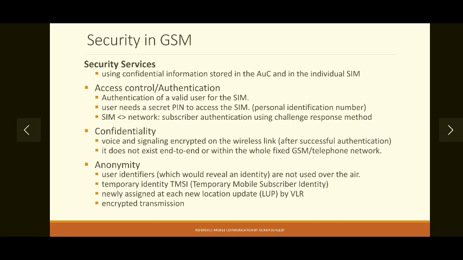Details of this encryption mechanism we will see again later on in this video. But one thing key to note here is that this confidentiality is maintained only over the radio interface. It is not kept confidential for the entire network. So only UM interface contains the confidentiality for the GSM system.